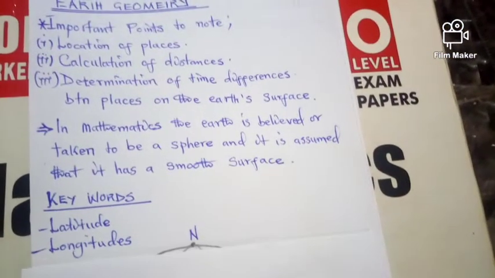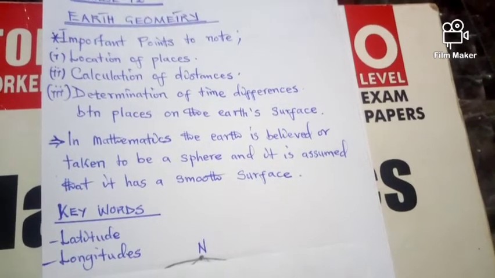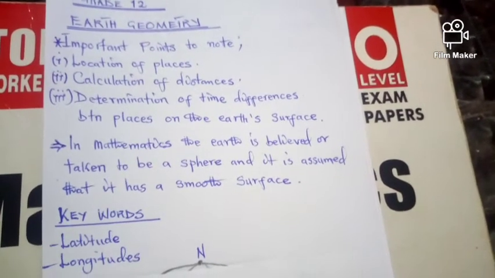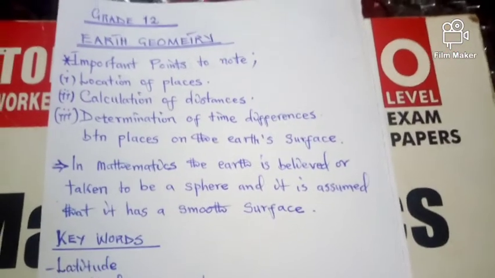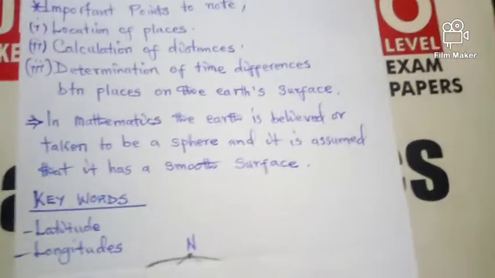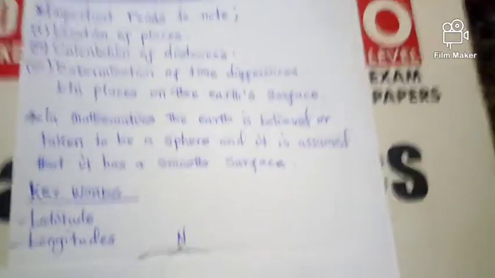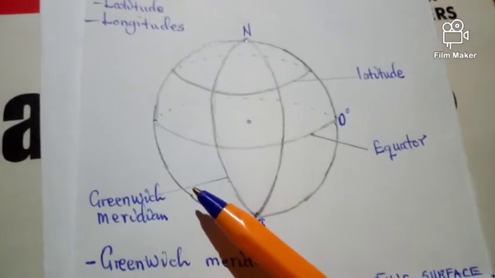These keywords are very important to understand if you are to get the concepts in earth geometry. You have to understand what is the meaning of the latitude and what's the meaning of the longitude.